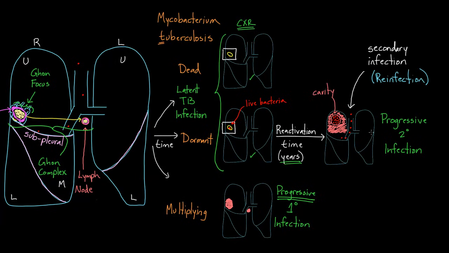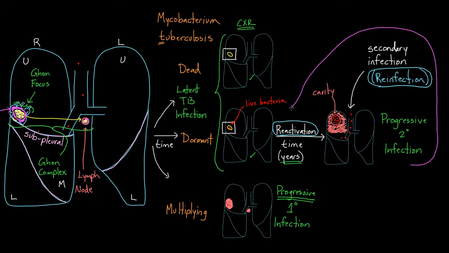So the thing that ties reactivation together with reinfection is that in both situations, your immune system has at some point in the past been exposed to TB. And we think that that's the main reason why you see these cavities and you see so much disease. That's a really horrible infection to get.